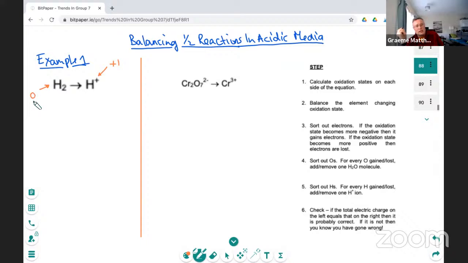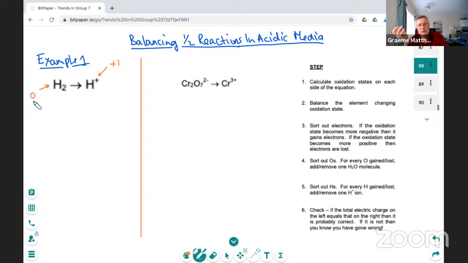So, for example, hydrogen gas is 0, oxygen gas is 0. Notice the word gas. Chlorine gas is 0. Metals are 0, for example, silver metal has a 0 oxidation state. Sodium metal has a 0 oxidation state, not the ion, the actual element itself.